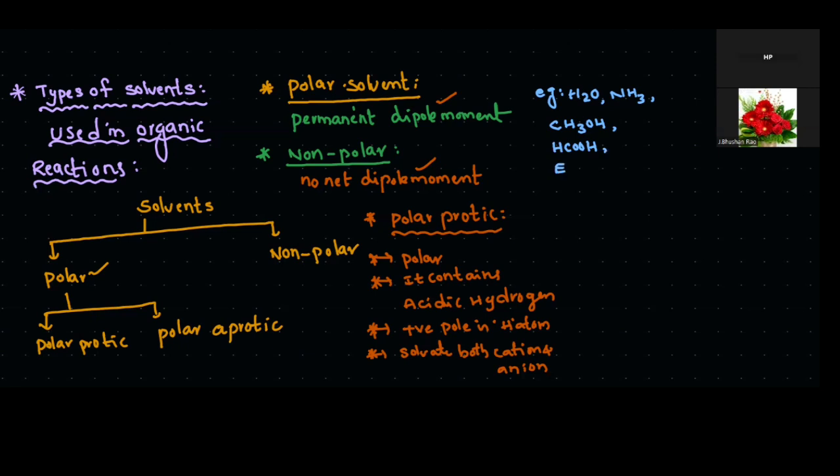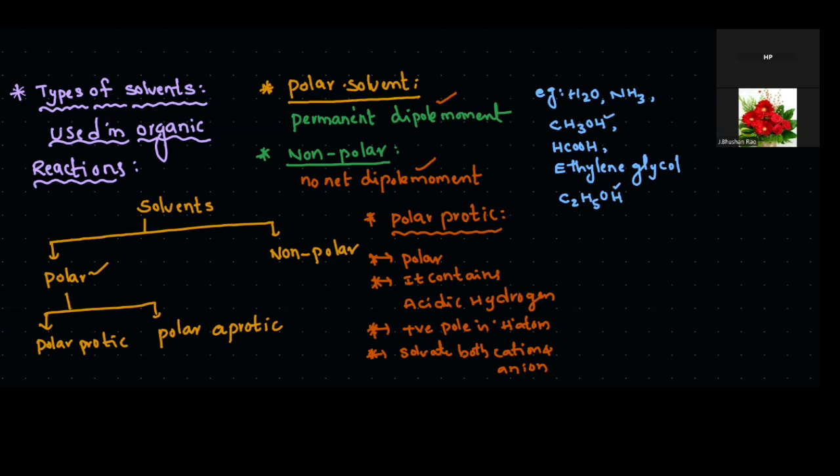Since we discussed alcohols, ethanol also comes here, that is ethyl alcohol, C2H5OH. Methyl alcohol and ethyl alcohol are both polar protic solvents.